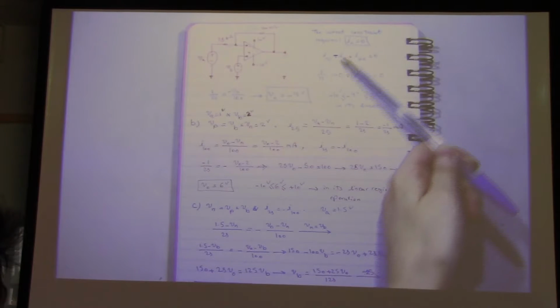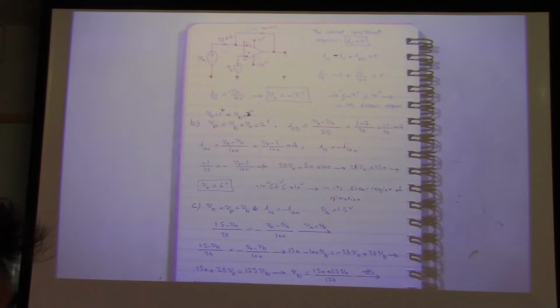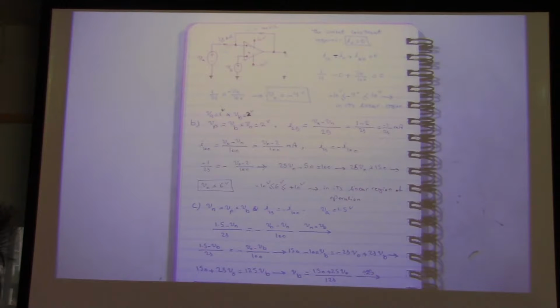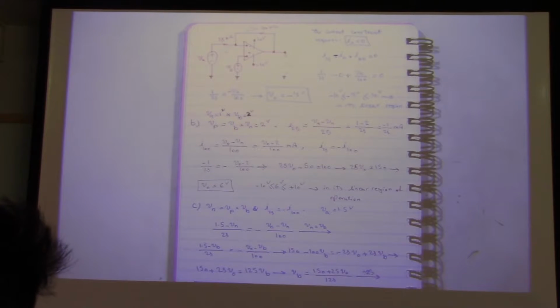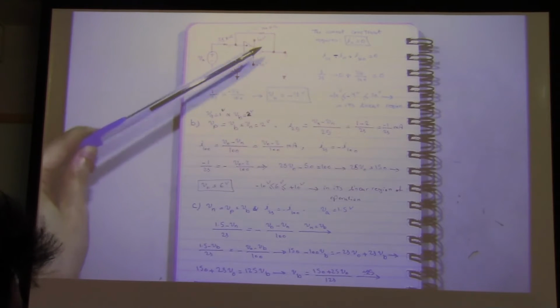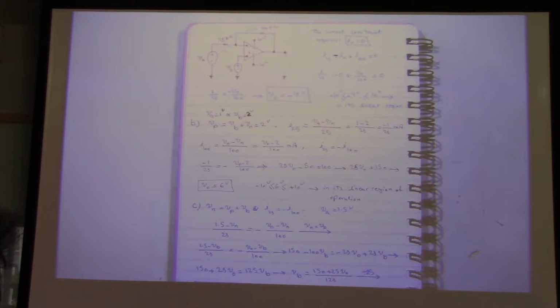IN is 0. I-25 is 1 over 25 milliamp, and I-100 is V out over 100 milliamp, equal to 0. From here you can calculate V out, which is minus 4 volt. You can see V out, minus 4, is between minus 10 and 10, so we can say this op-amp is in its linear region.